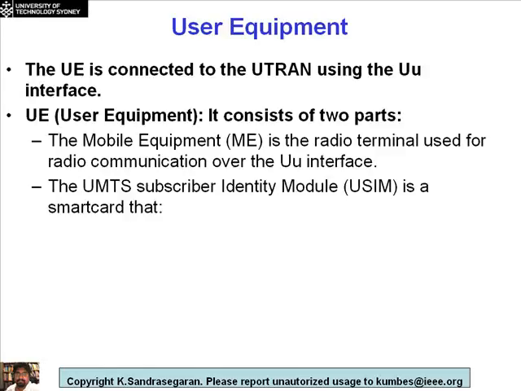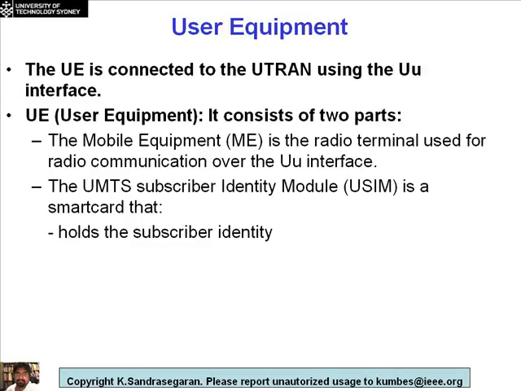The second part of the user equipment is the USIM, or the SIM card. Now, the SIM card in UMTS is more complex than the SIM card in previous GSM GPRS networks.